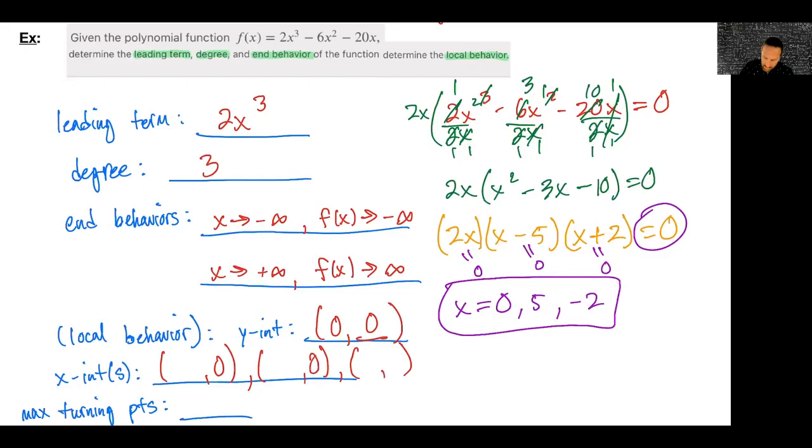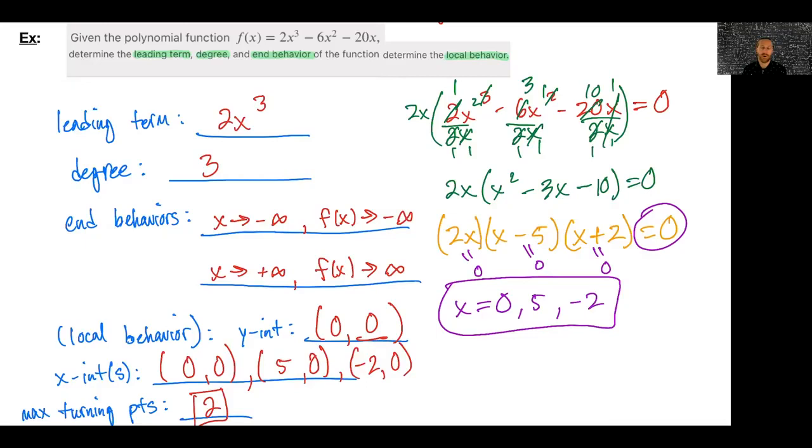Where the y was 0, we got x values of 0, 5, and -2. And because we know the degree is x cubed, we know the maximum number of turning points, there can be less again, but cannot be more, would be n minus 1 or 2.